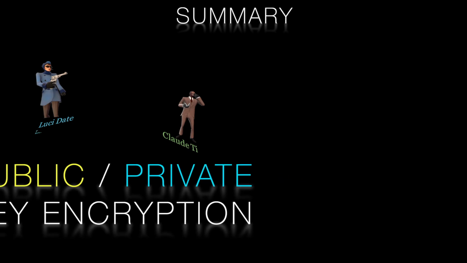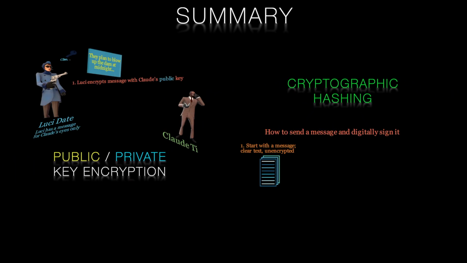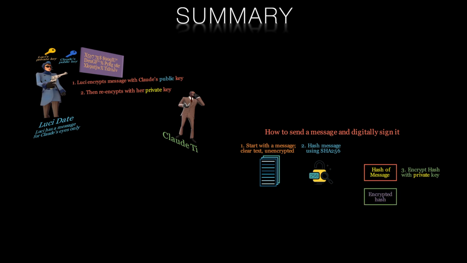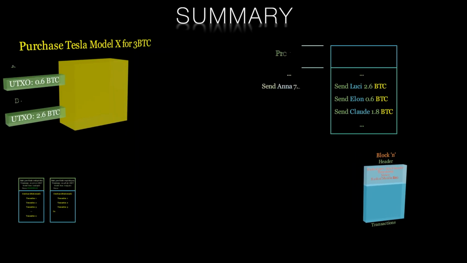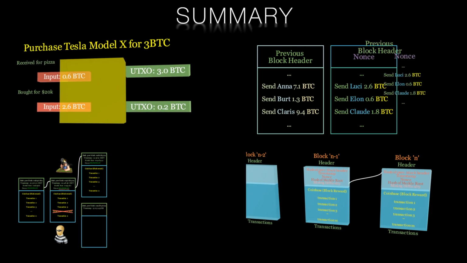mystifying, or confusing. This series has introduced public and private key cryptography and hashing, which, when used together, helps digitally sign documents and produce the chain of signatures that Satoshi described in the 2008 paper. We've explored UTXOs, blockchain, and proof of work, which together help us solve the double spend problem.